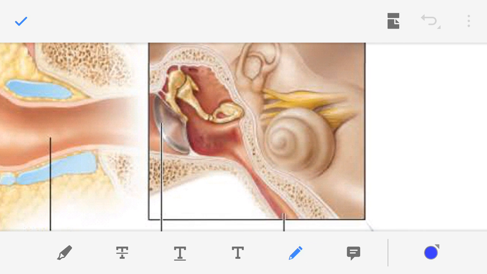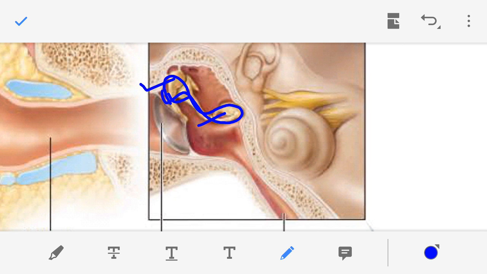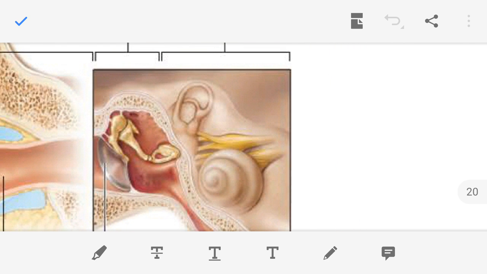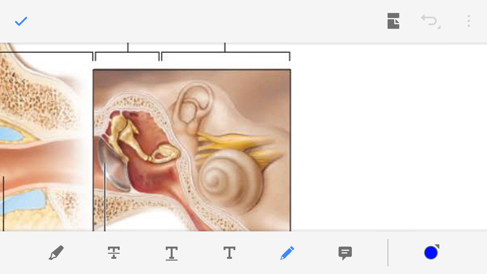Due to this vibration, the three small bones, malleus, incus, and stapes, also vibrate. Now the last one, the stapes, is also vibrating, and we know it is connected with the oval window. From the oval window, the vibration enters into the inner ear.